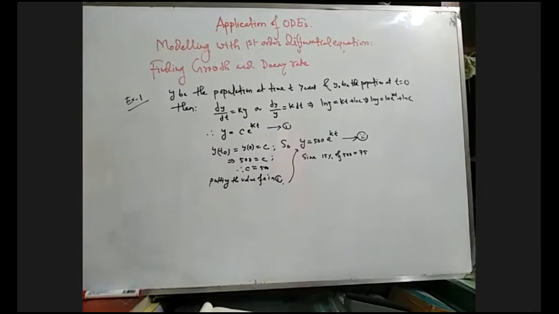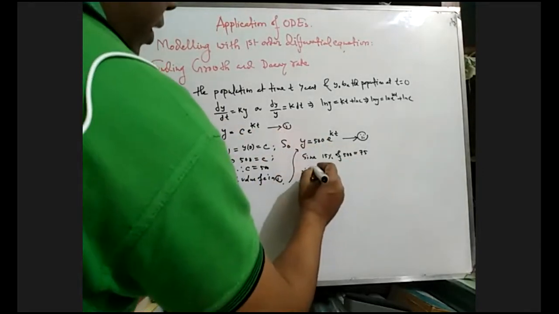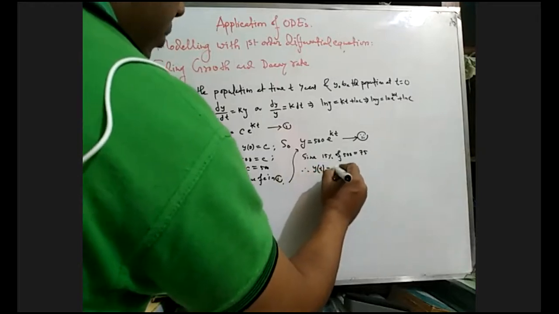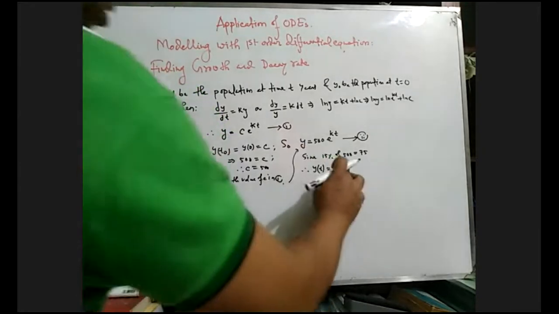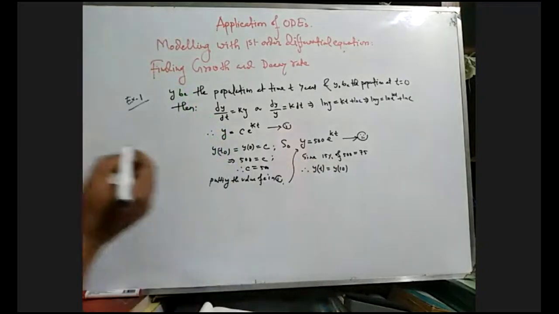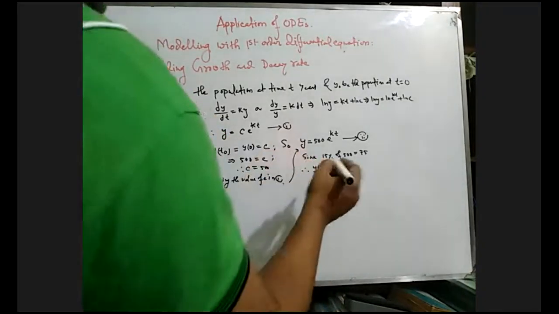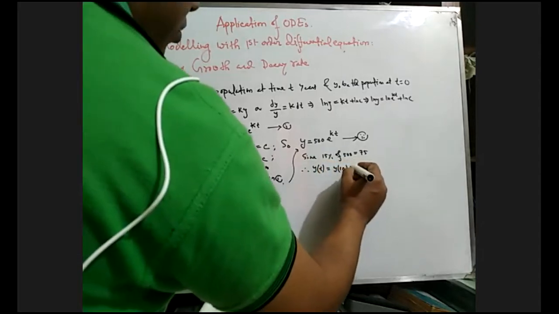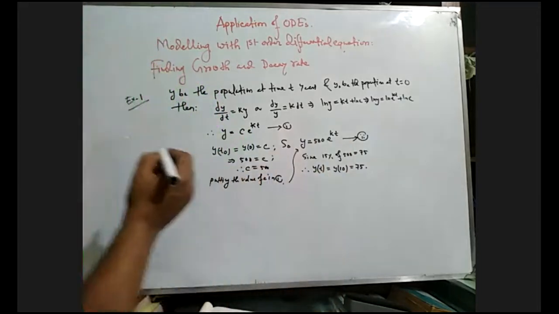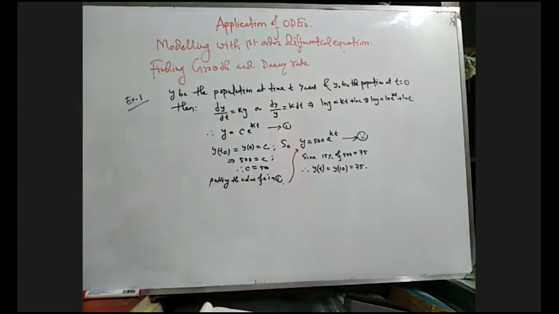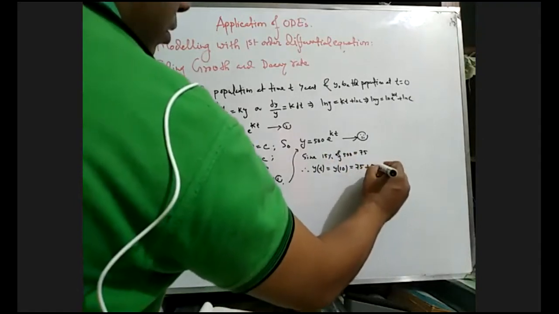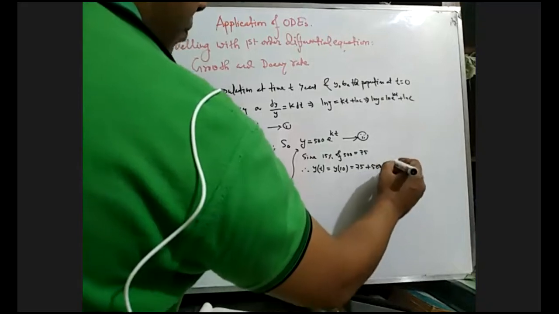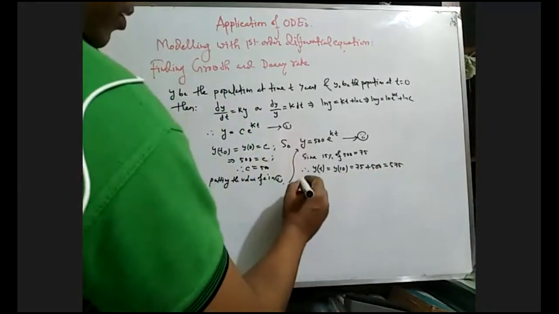Then at time t equals 10 years, the increase is 75. So a 15% increase plus 500 equals 575.